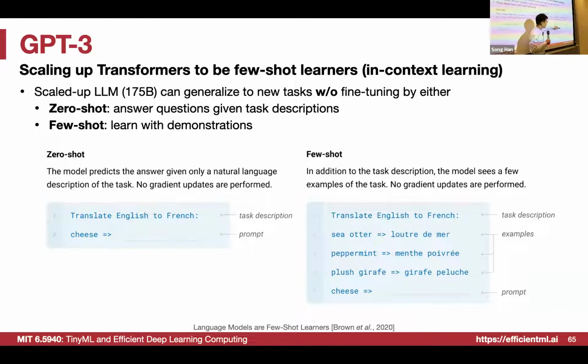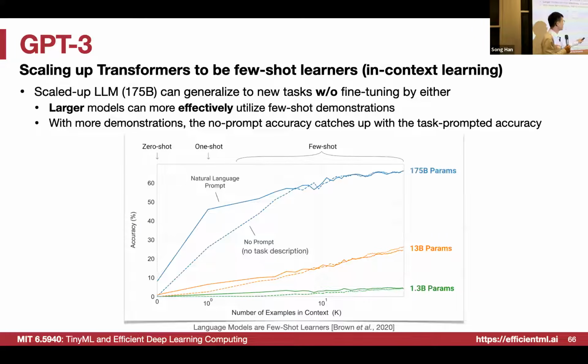Hide this part, just give 3 examples. When a new word comes, it can automatically predict the answer. And when you have a large enough model and enough examples, we can match the accuracy with and without task description.